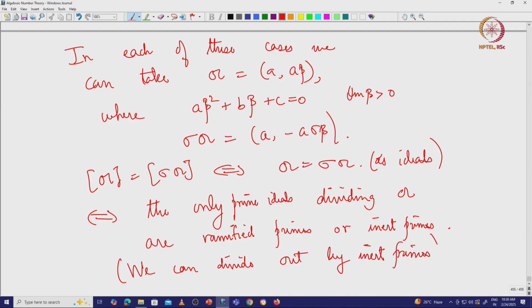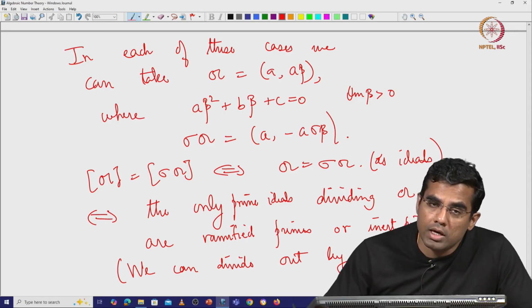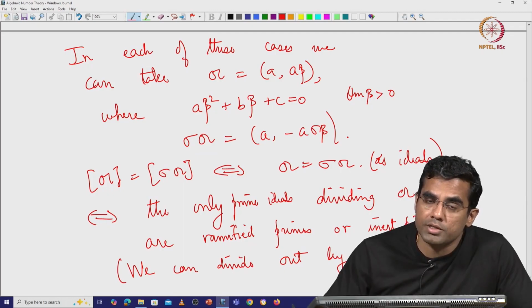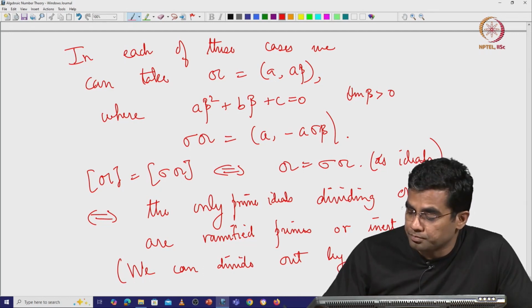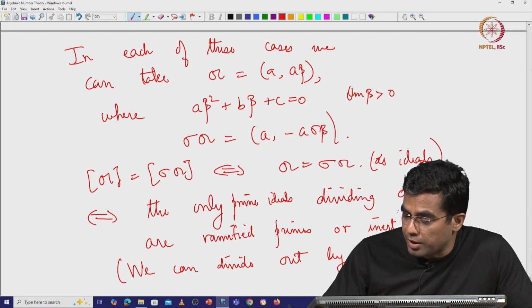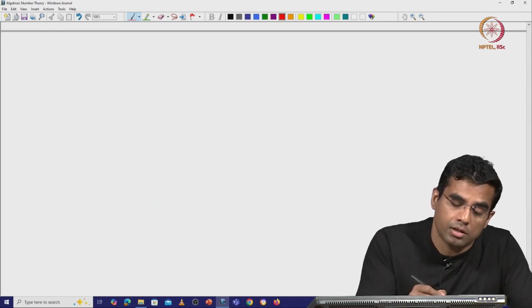Those really do not matter, the only primes that matter are ramified primes. So, a class in the ideal class group has order 1 or 2 if and only if we can choose an integral representative for that class which is divisible only by ramified primes.